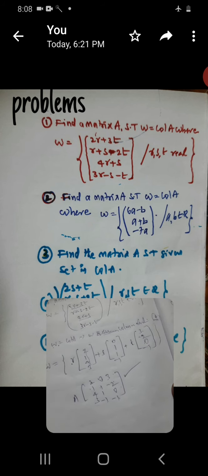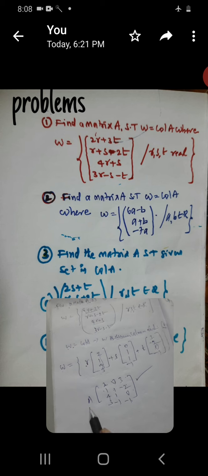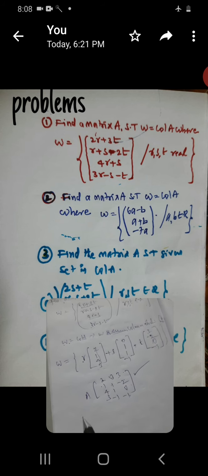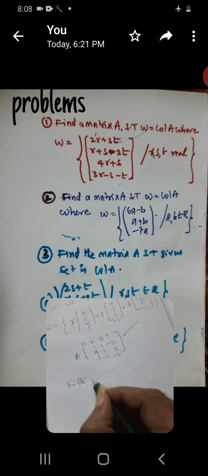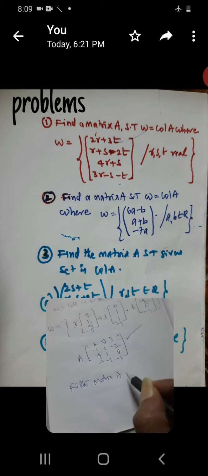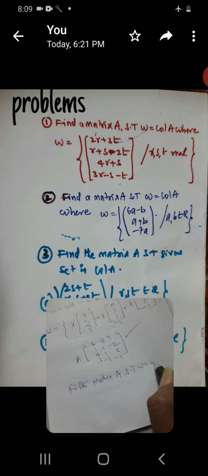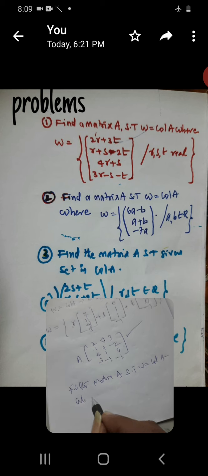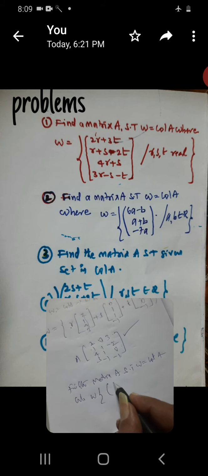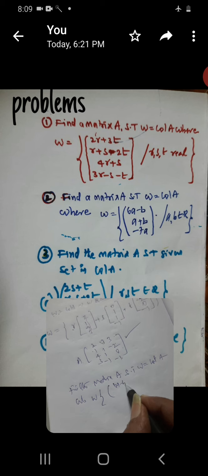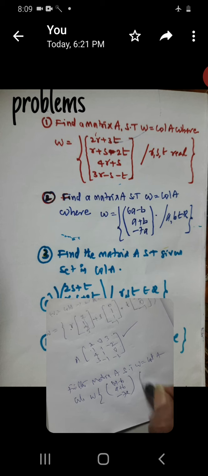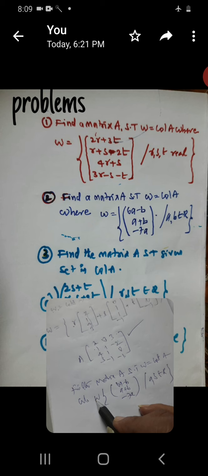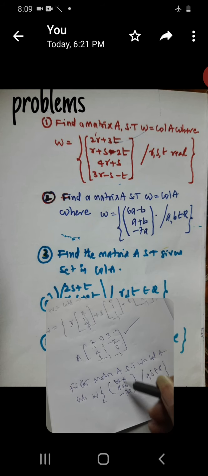Now next, the other problems are similar. Find a matrix A such that W is equal to Col A. Here how is the set W defined? W is the set of 6a minus b, a plus b, and minus 7a, where a, b are elements of R. Now all elements in W are linear combinations of this set.